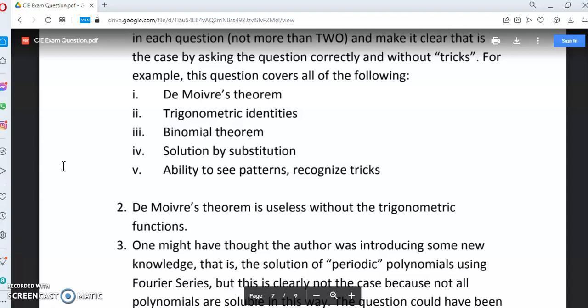Okay, so the first goal of an assessment is to test what the student knows, not what the student doesn't know, and what you think the student should be able to figure out on their own if given red herrings and tricks and patterns, etc. Okay, that's not important.